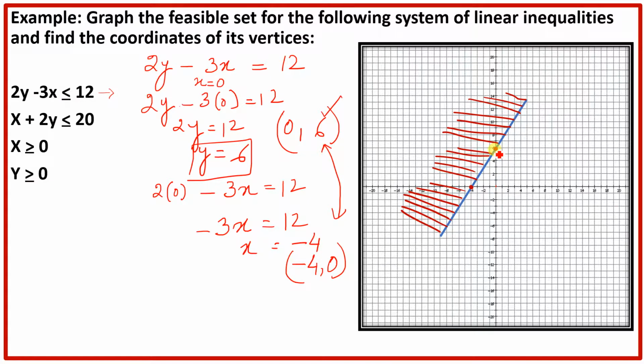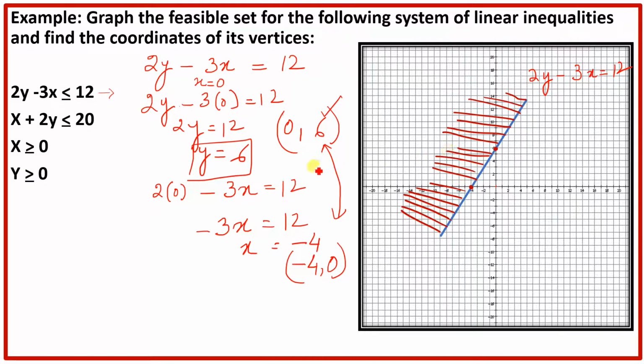The second point is negative 4 on the x-axis, with y equal to 0. Then we draw a line. This line represents 2y minus 3x equals 12.